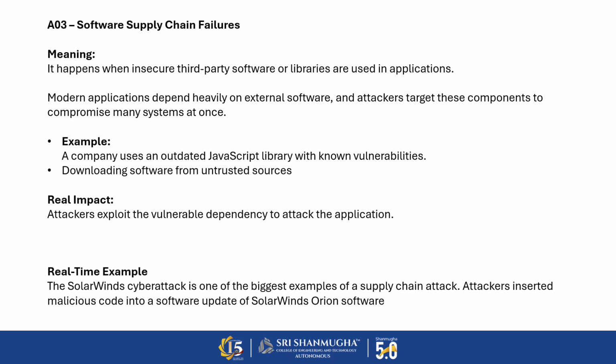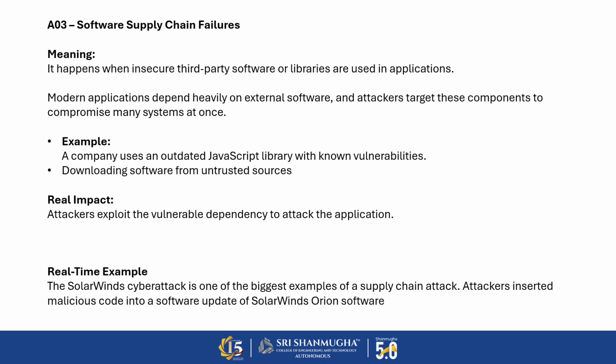Next one is software supply chain failure. It happens when insecure third-party software or libraries are used in an application. For example, a company uses an outdated JavaScript library with a known vulnerability.